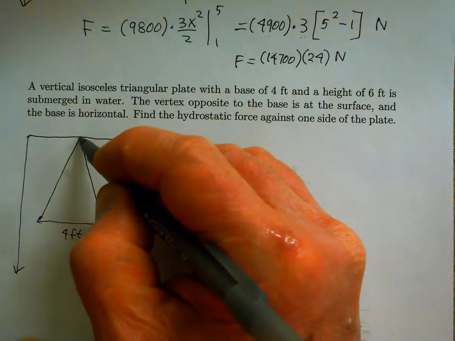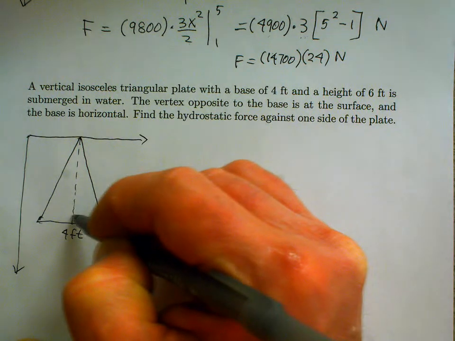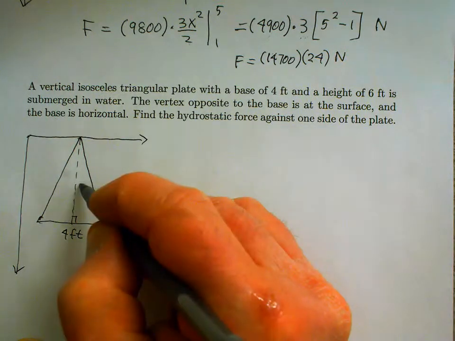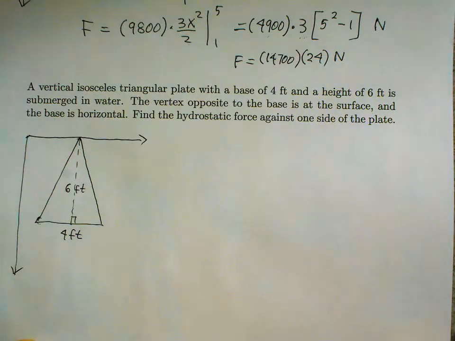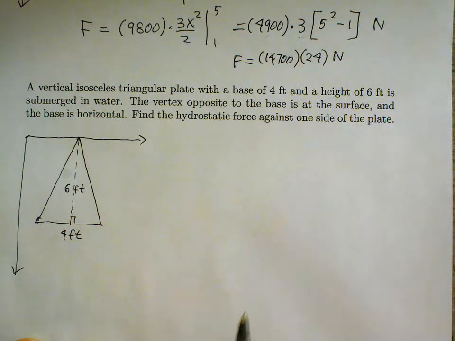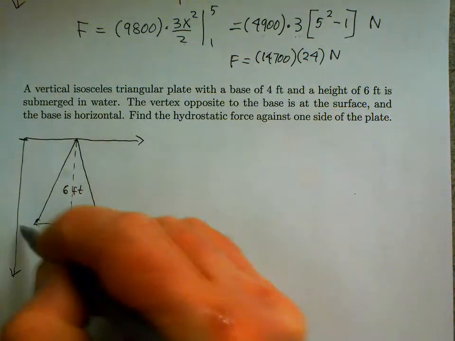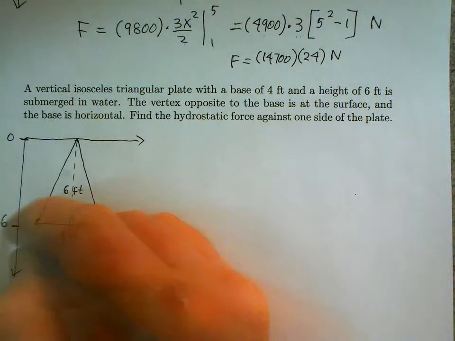And the height, or the altitude, of that triangle is 6 feet. Okay, so we do know that the depth ranges from 0 feet to 6 feet.